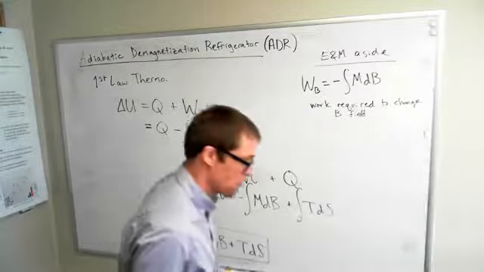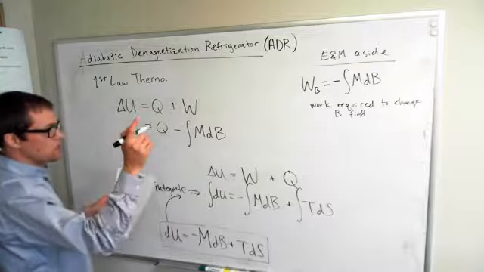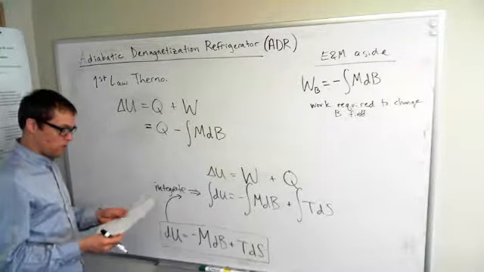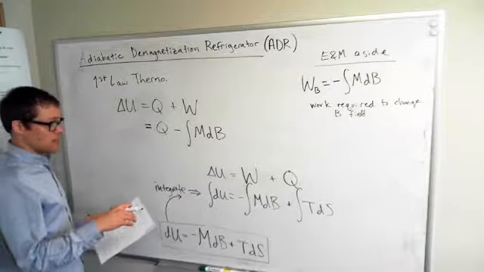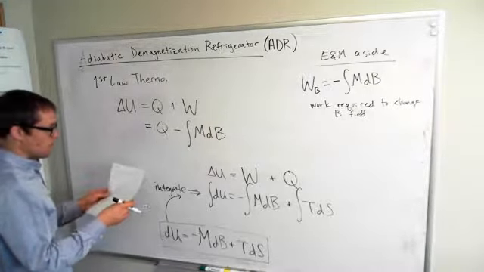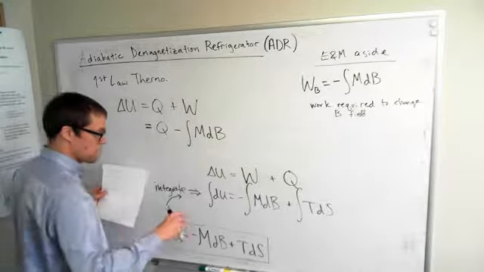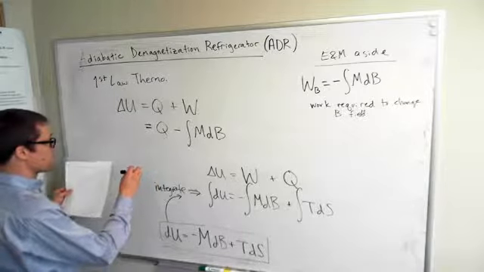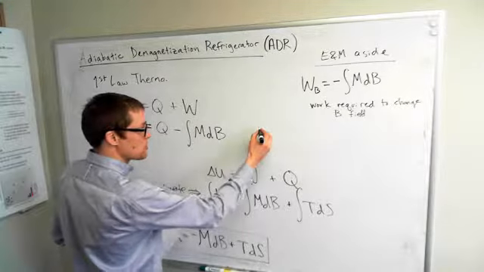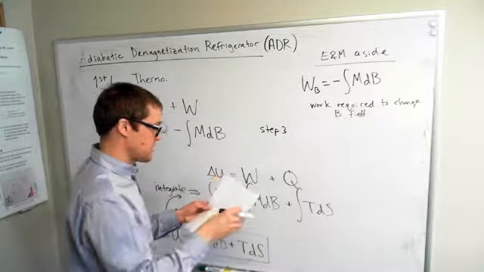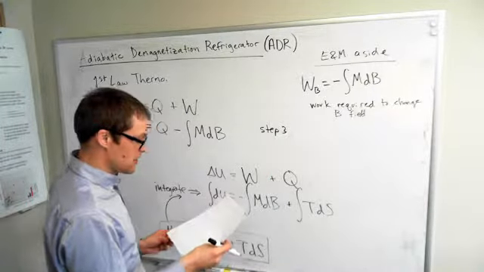Let's consider step 3 of the ADR process. Step 3 is the step where we turn the field down slowly and the system is getting colder. So for step 3, that's the part where we're decreasing B and the paramagnet is getting cold.